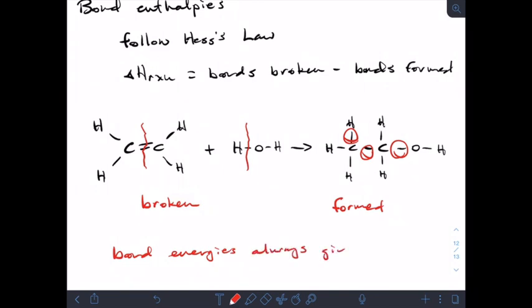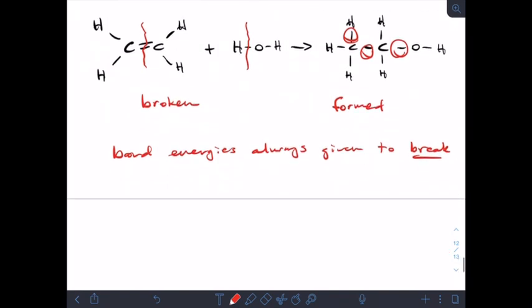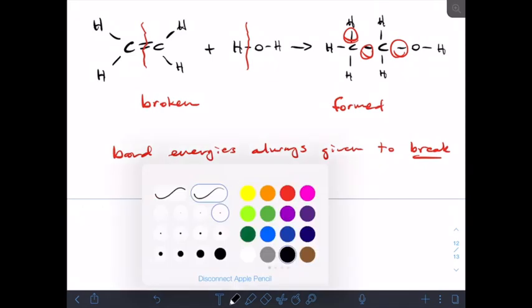And they're always given to break. So when you look up these tables of values, we get all kinds of numbers, but the tables give us the energies in terms of energy to break bonds. So let's take a look at that.